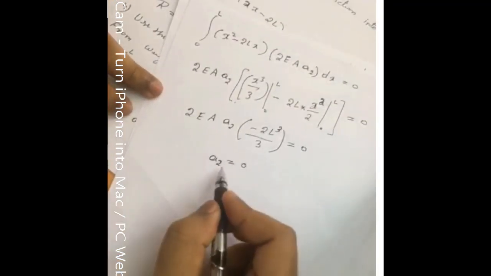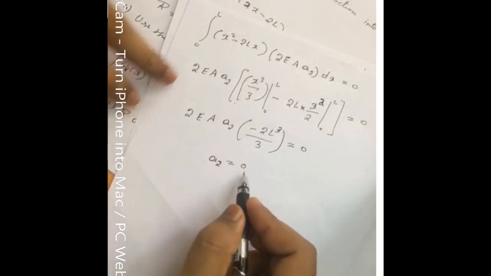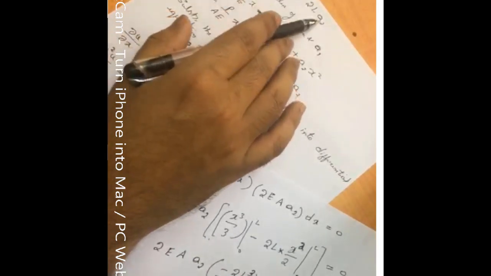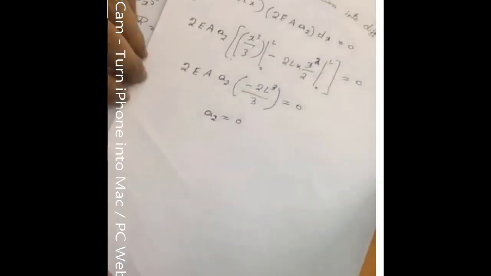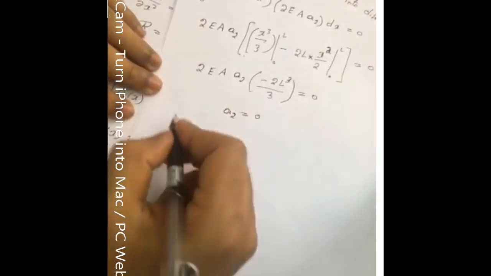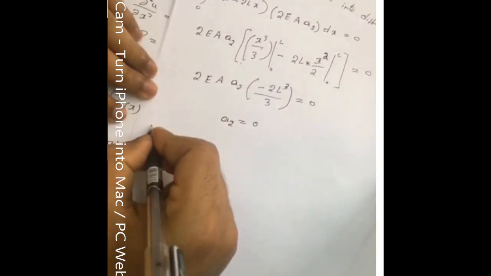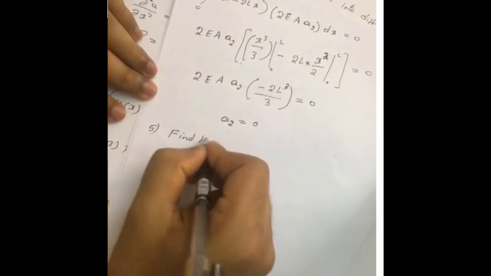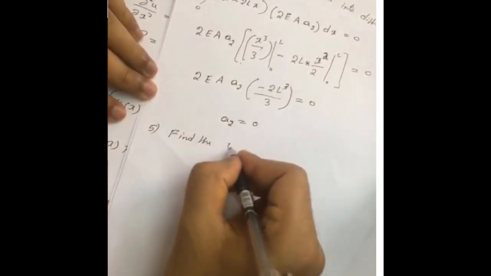So now we got a0 is 0 and a2 is also 0, and a1 is P by AE minus 2L a2. Therefore we can now find, fifth step, the unknown displacement.